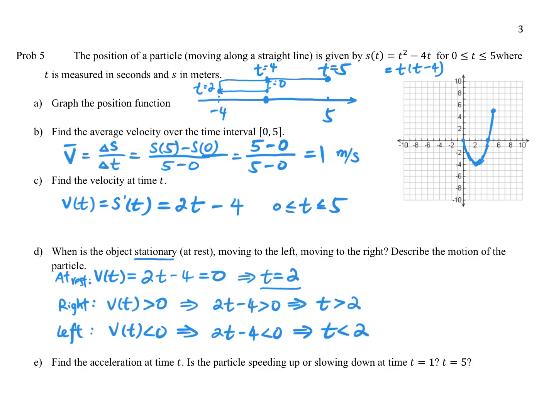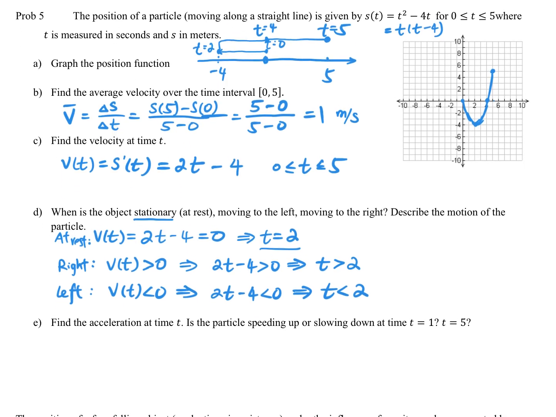So that matches what we discussed earlier. From time 0 to 2, it's moving to the left. Right at moment 2, it's turning, so at that moment the velocity is 0. And from greater than 2 to 5, it's moving to the right.